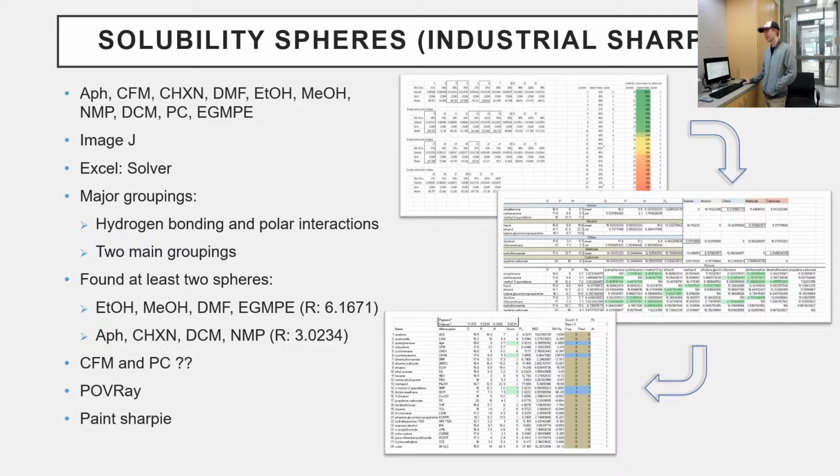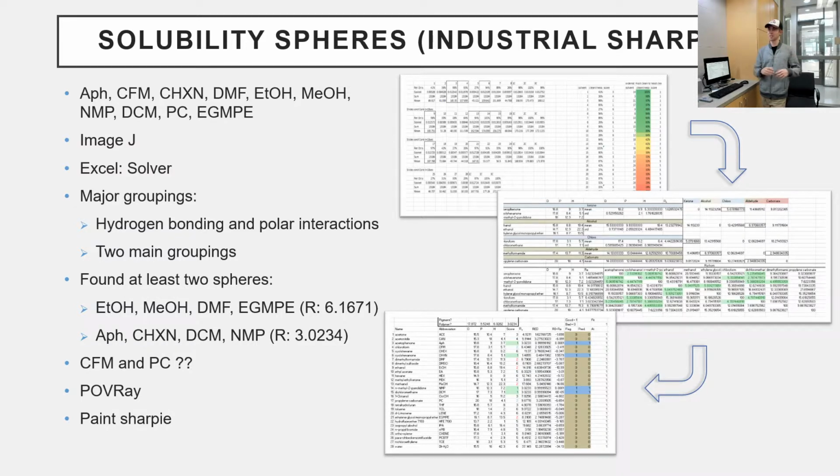With that, I gave each solvent a score and used that to find interaction spheres for industrial Sharpie. I found two main spheres of interaction. When I scored the solvents, I found that there were two main groupings.